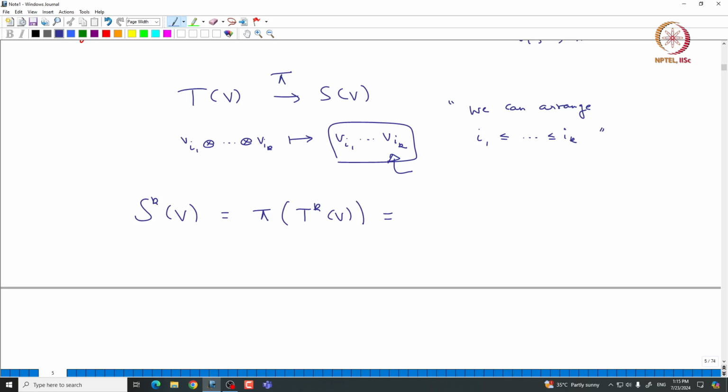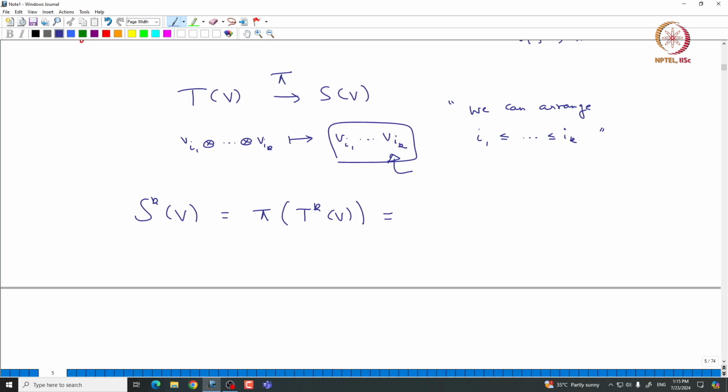So, we will naturally identify this Sk of V as a subspace of Tk of V, but that is just as a vector space. So, okay, let us look at what can be the basis of this Sk of V.